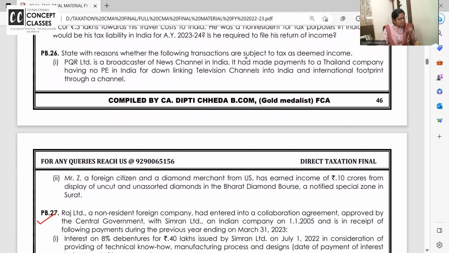State with reason whether the following transactions are deemed income or not. The deemed income we studied is related to section 7 and 9. PQR is a broadcaster of a news channel in India.